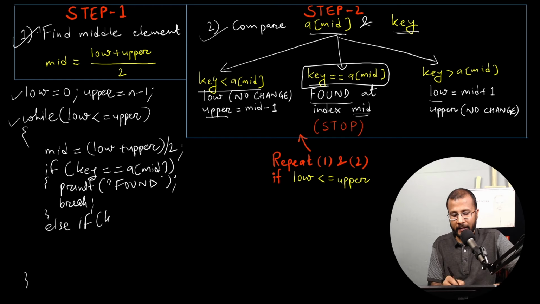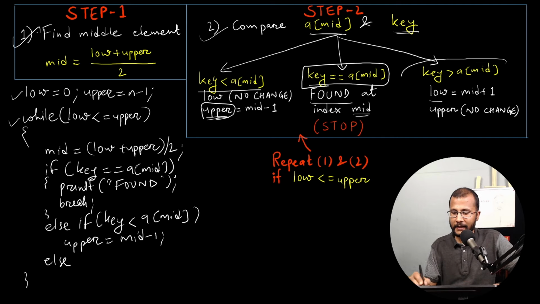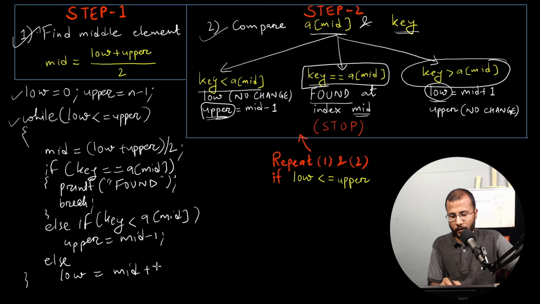If my key is less than the middle element, I have to update the upper index to be mid - 1. Okay, I have to update the upper index. Else I'm in case 3, where the key element is more than the middle element. In that case, I have to update the lower index. Okay, low is equal to mid + 1.